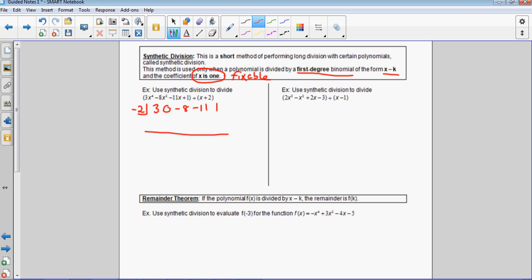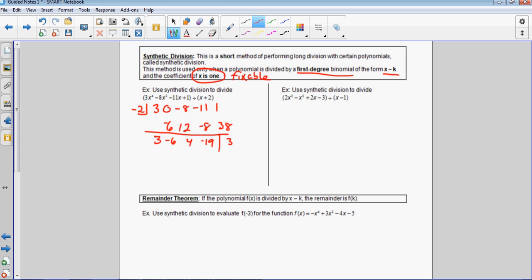Bring down the first number, 3, and then multiply negative 2 times 3, and then add. Multiply negative 2 times negative 6, and then add. Multiply negative 2 times 4, add. And multiply negative 2 times negative 19, and add.